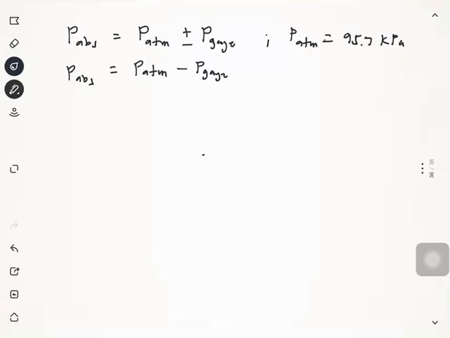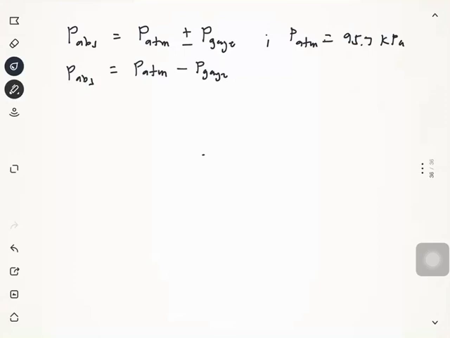So atmospheric pressure minus this vacuum.